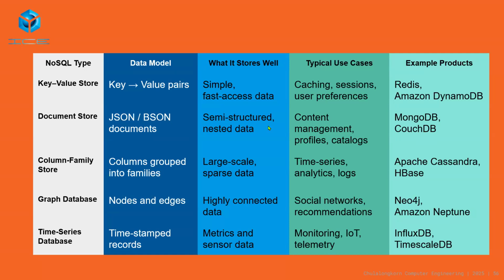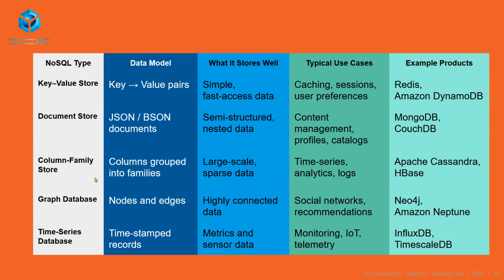So it is semi-structured, and then the next document will be nested with the document before. So all the documents will be nested according to whatever you want to define within your NoSQL or MongoDB database. And then the typical use case for the document store would be like content management, profiles or catalogs, things like that, right?